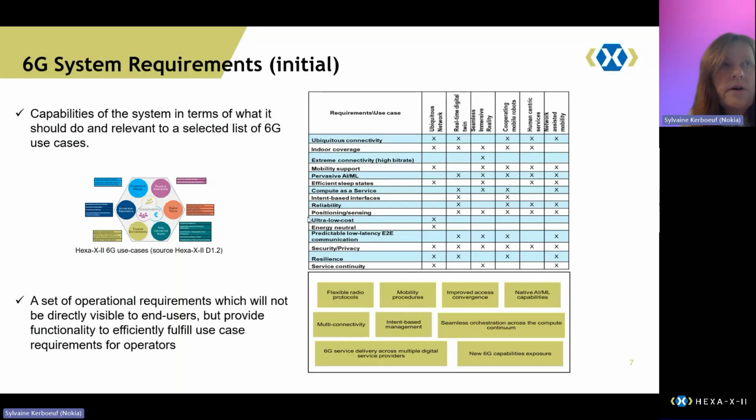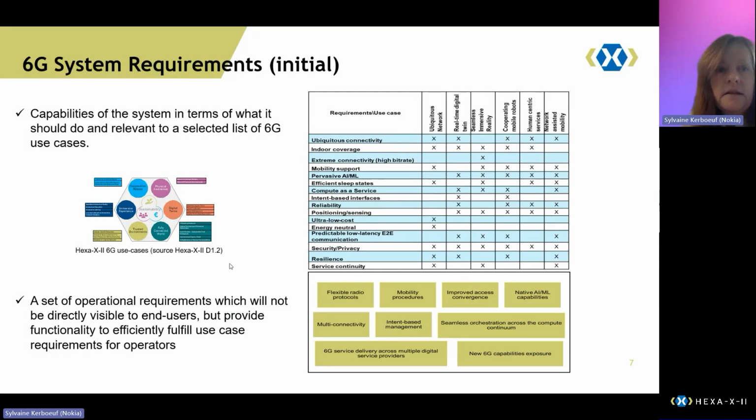But this initial set of requirements has also been completed by some operational requirements that the operator needs in order to be able to operate the network efficiently, such as seamless orchestration across the compute continuum or 6G capability exposure, and so on. Of course, these are only an initial set of requirements, and we are going to refine them in the next iteration of our work for the 6G design.